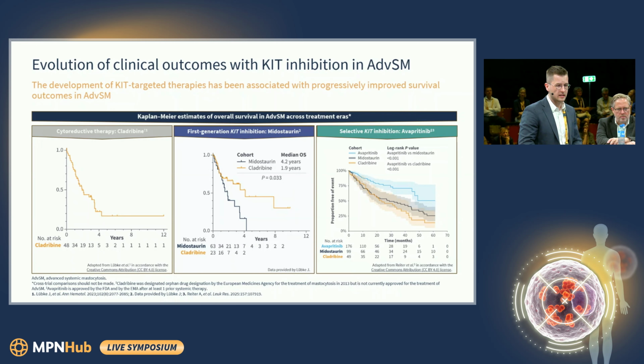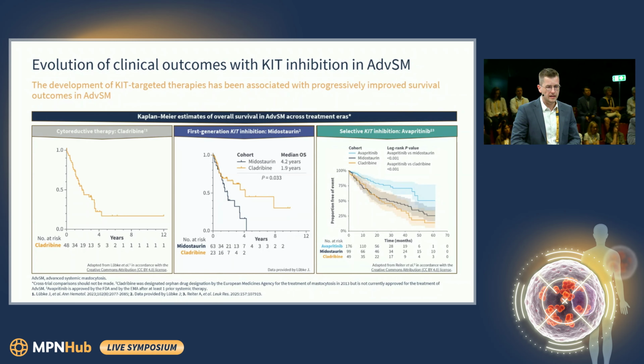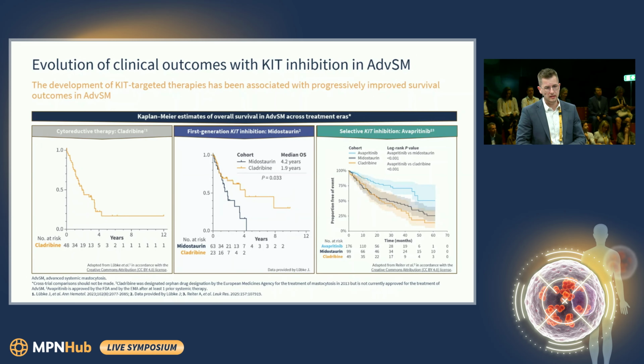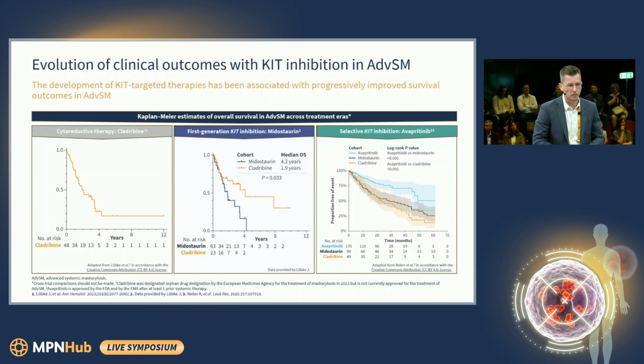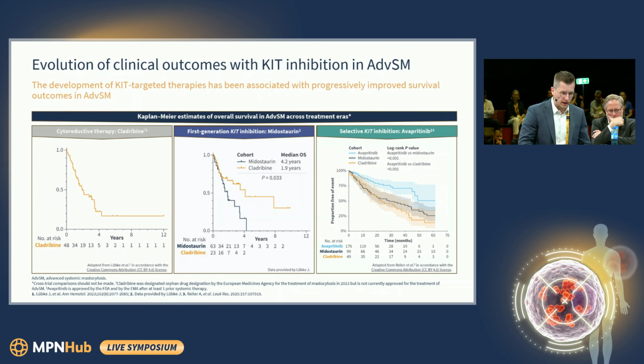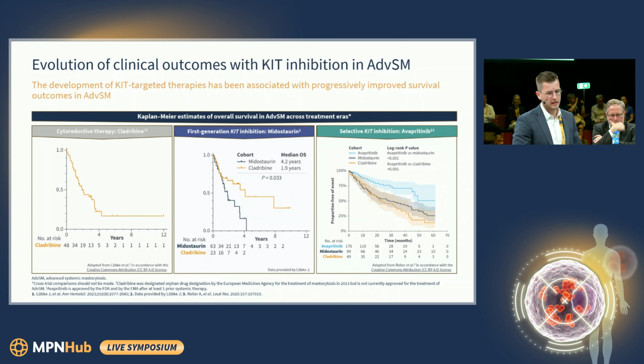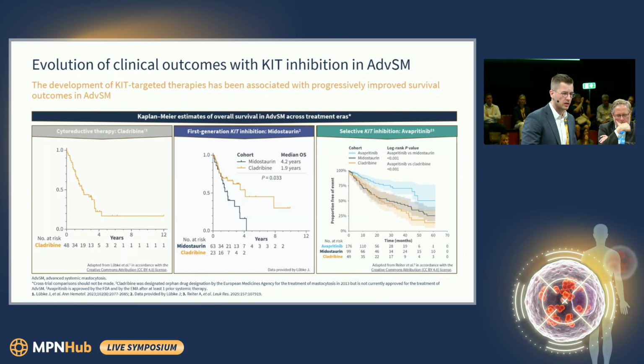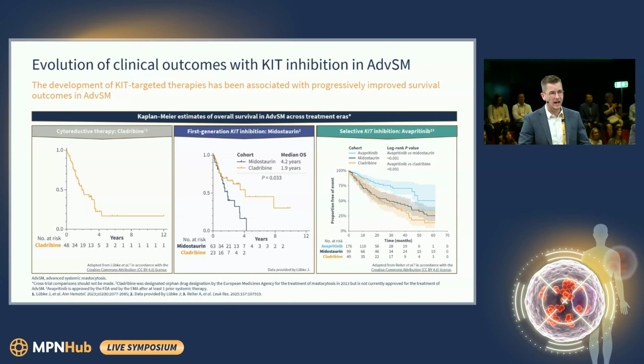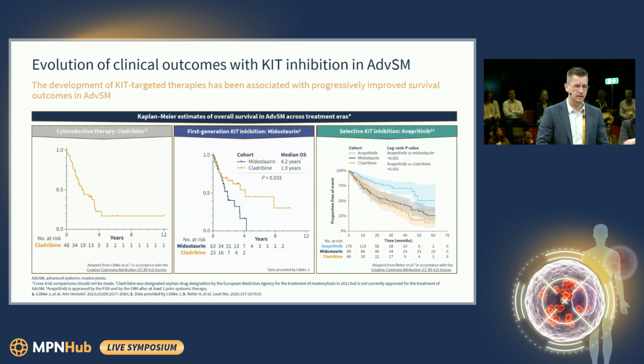Midostaurin is a multikinase KIT-inhibitor, and avapritinib is a specific KIT D816V inhibitor, and both drugs are approved by FDA and EMA. And these different Kaplan-Meier comparisons, each done in statistically optimized settings, really show that the prognosis has improved over the last couple of years.